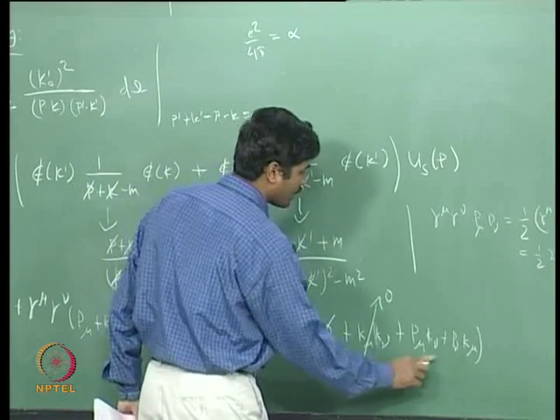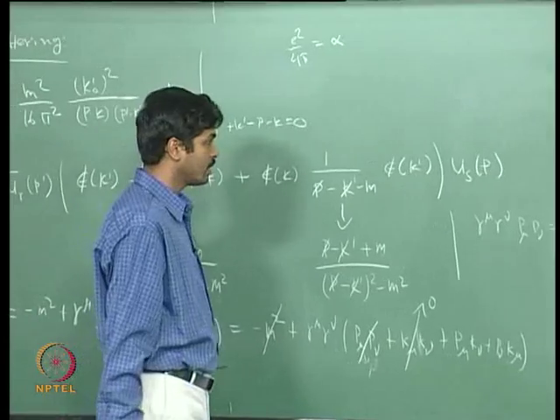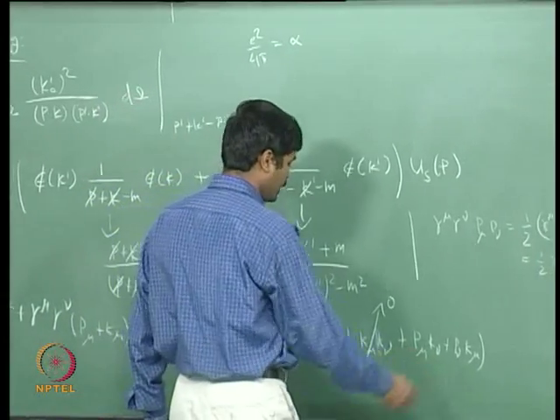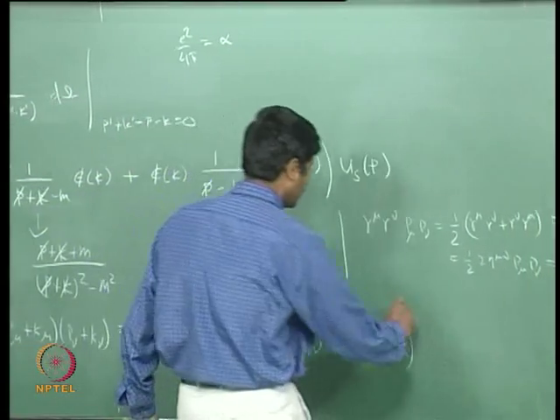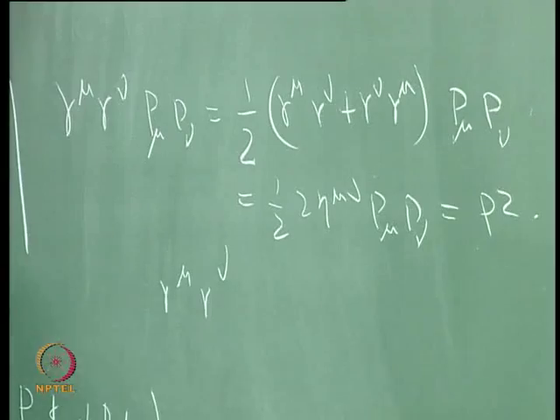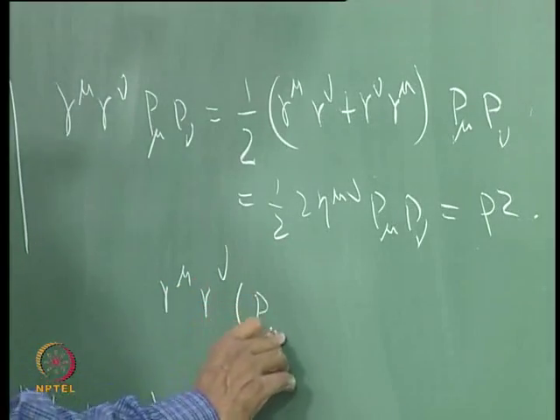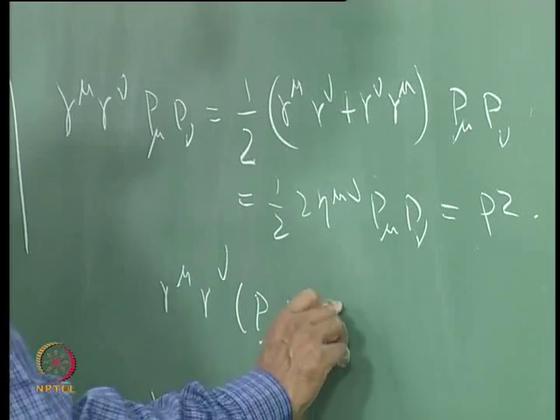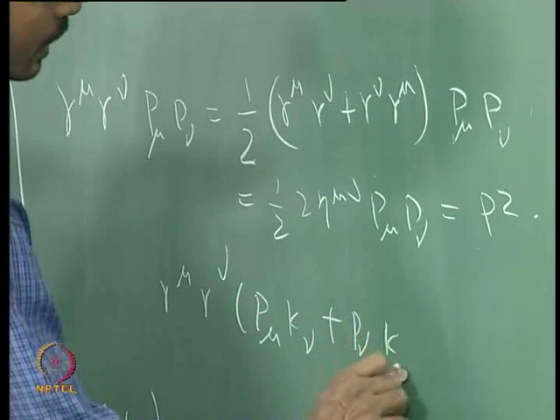So all that I am left with is this. What is this quantity? This is simply gamma mu gamma nu (p mu k nu plus p nu k mu).